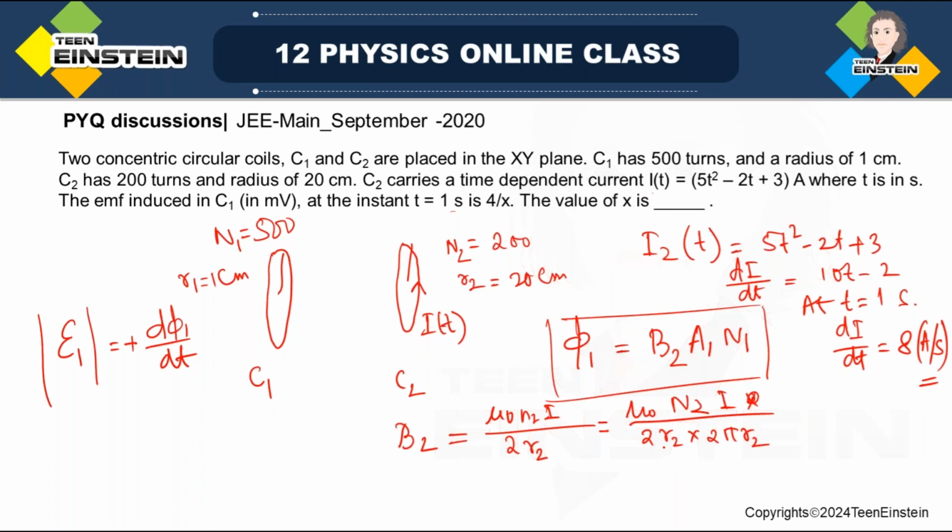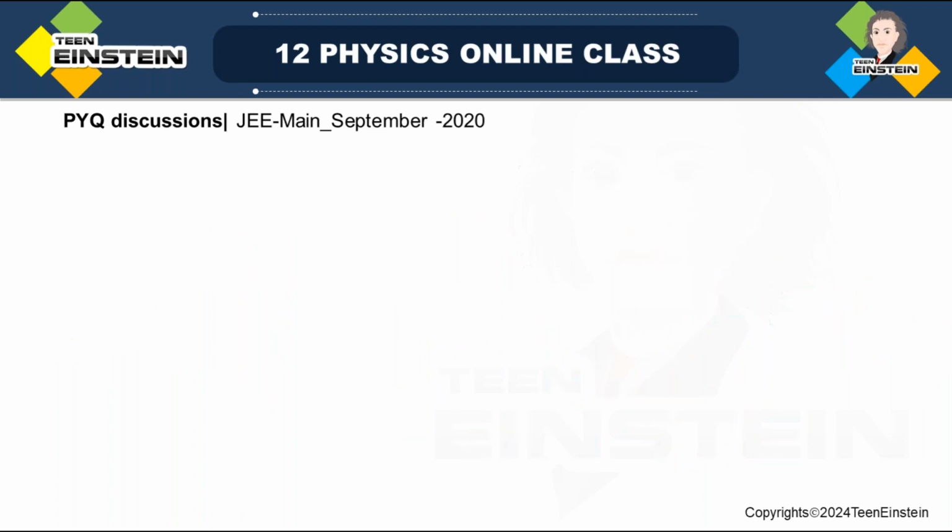Okay, this will be the magnetic field: mu 0 N I by 2 R. All right, so I have been given all the parameters here. Let us go for the exact solution.